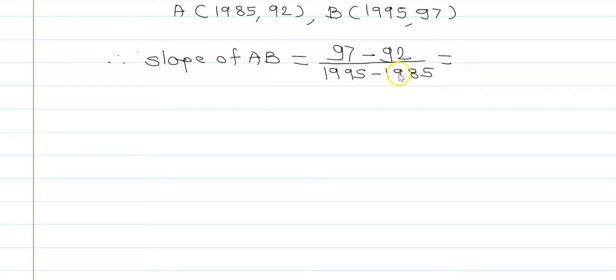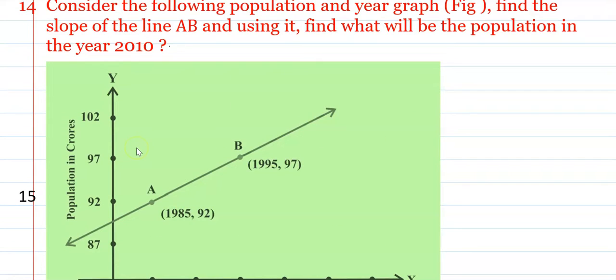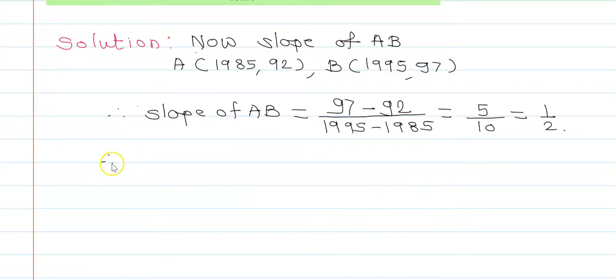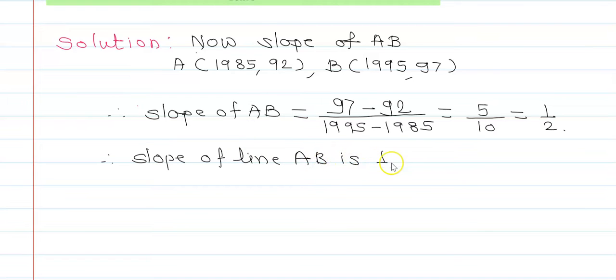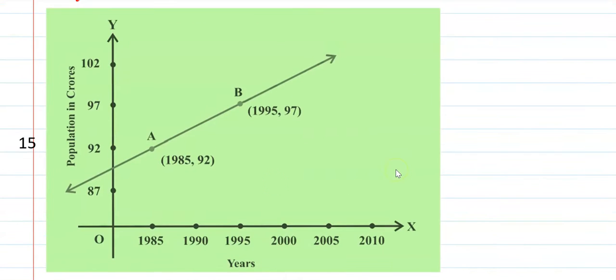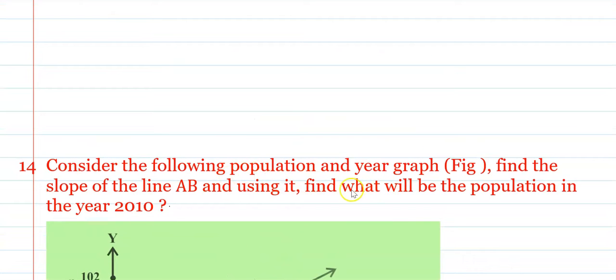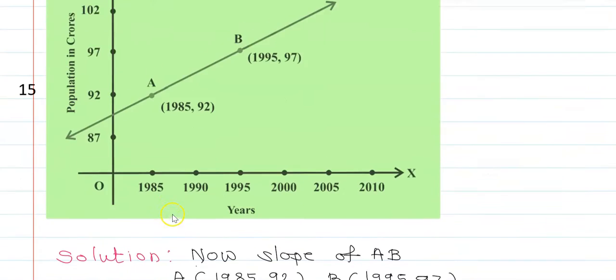The subtraction gives 5 upon 10, which is equal to 1 upon 2. Therefore, the slope of line AB is 1 upon 2.